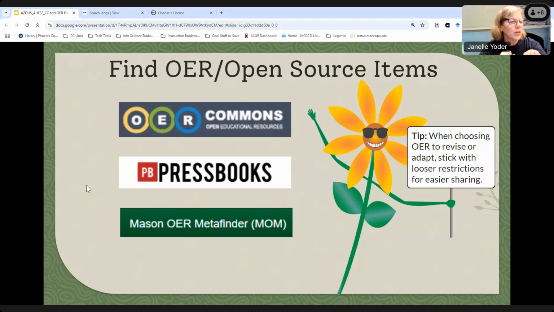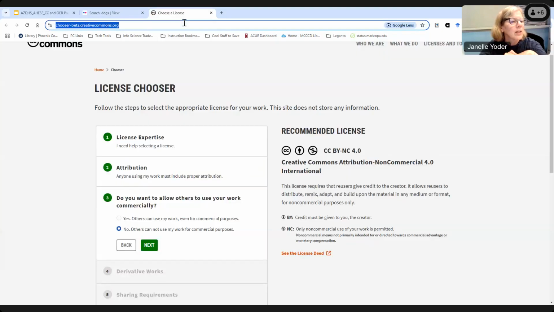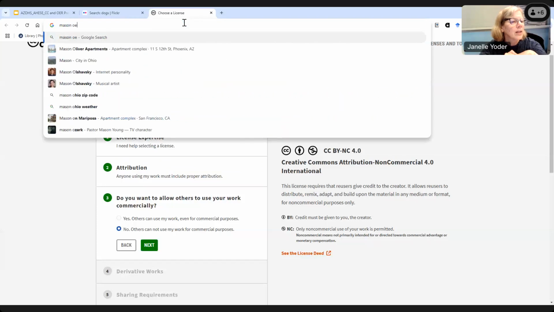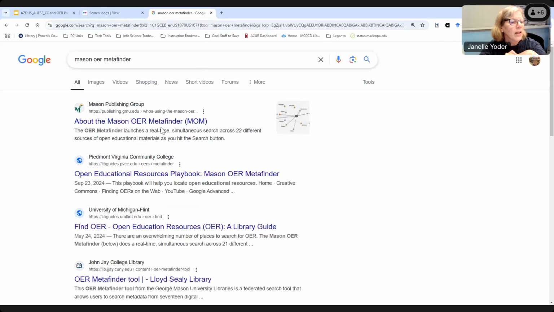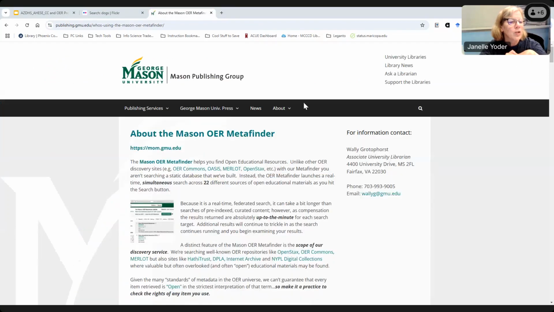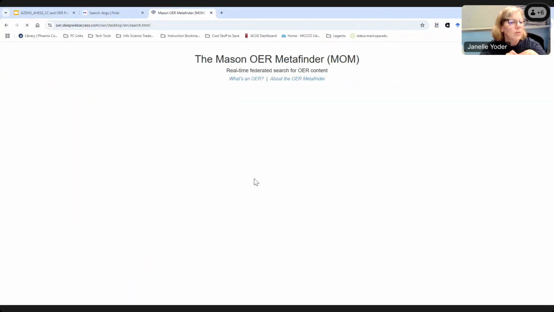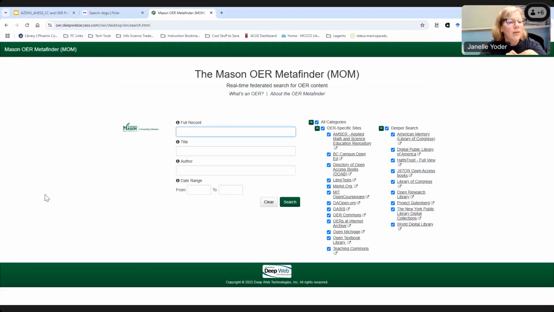But I do want, Callie, can you just go to the Mason OER MetaFinder site? Yes. I really wanted to highlight all the things that you can search with this. So this is a MetaFinder, and it searches, there we go. If you can see on the right, all the things it's searching all at once.